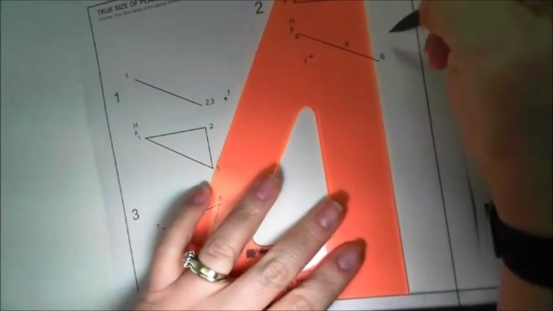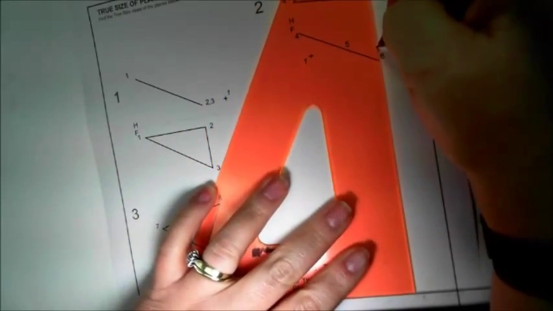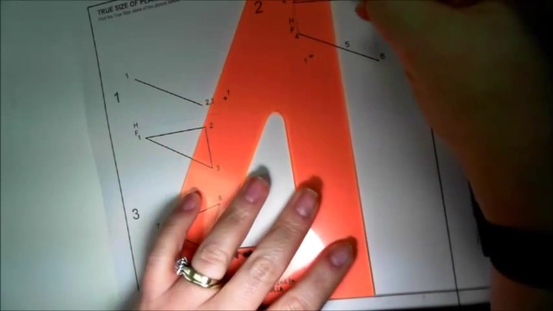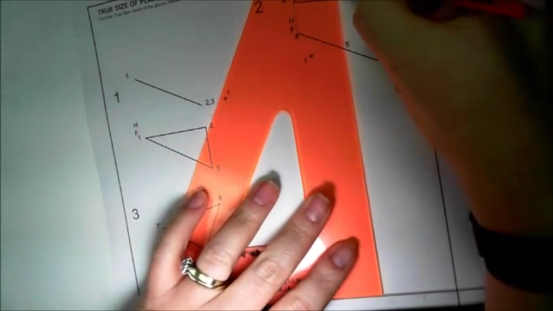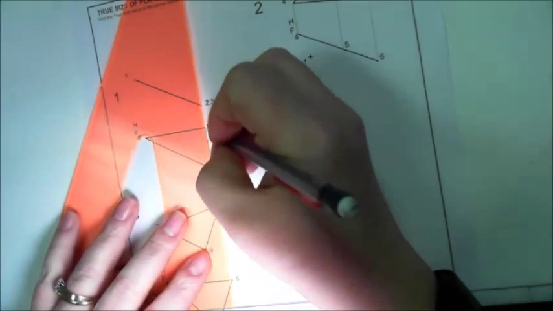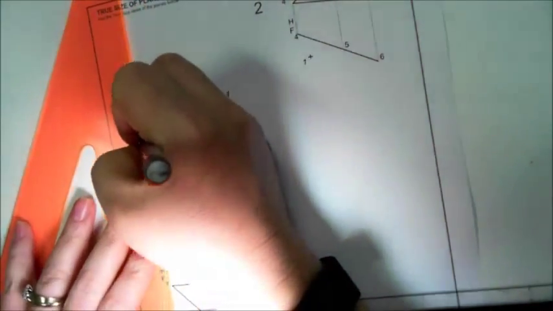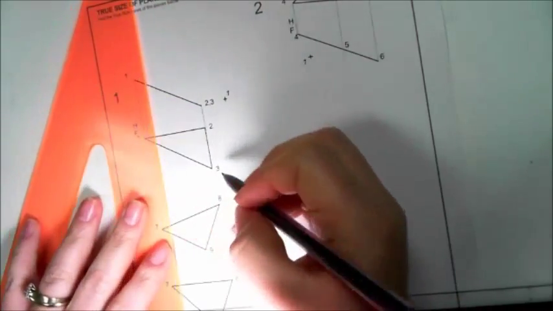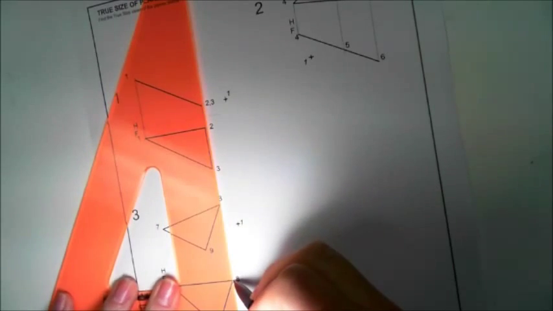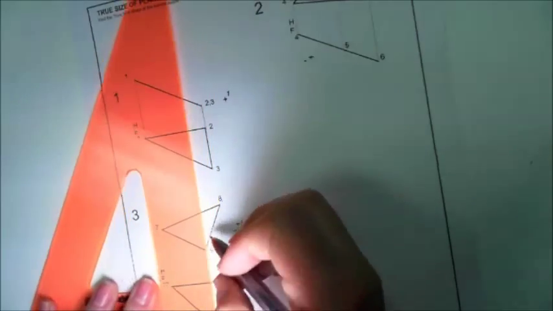Because I know eventually I'm going to need to do it anyway, so I might as well do it all at once to save me some time later. You're going to have to transfer some of these distances to get different sizes, so why not do them all at once?